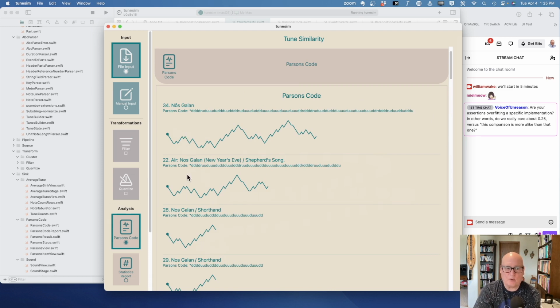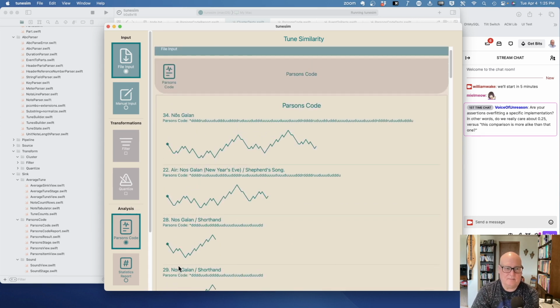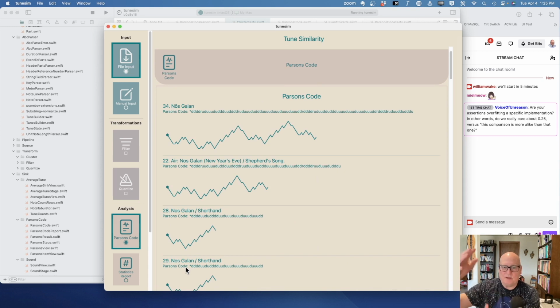So 34 versus 22, 28, 29, 32, and so on. Then 22 versus 34, 28, 29, and so on. Build up that whole matrix, as if I'd said, here are the distances between all pairs of points. I want you to reconstruct the 2D image, placing those points in such a way that those match up. Okay. And so we could go on and create that 2D matrix of score versus score.